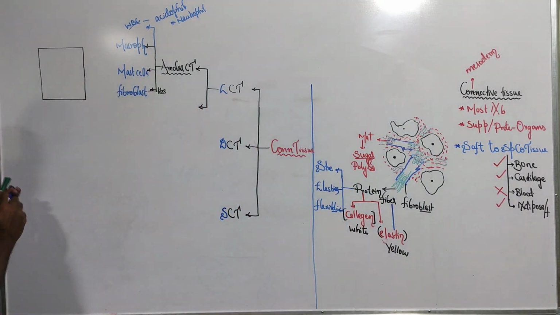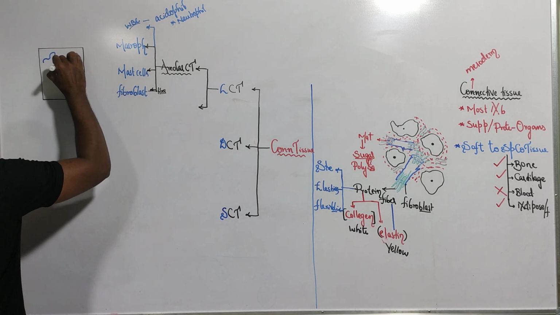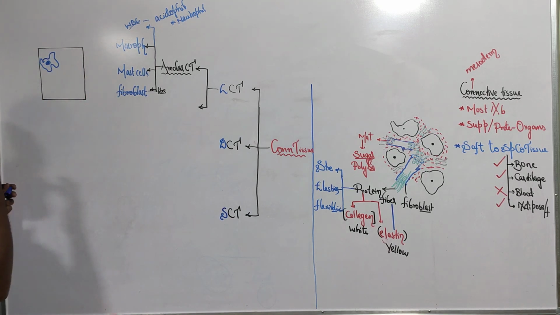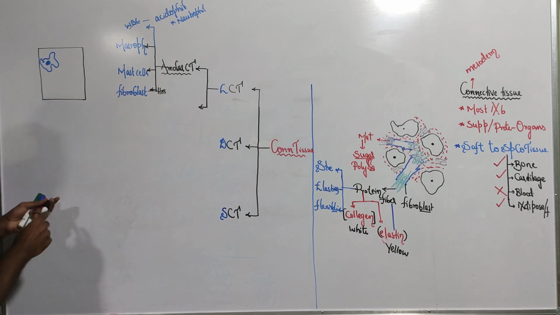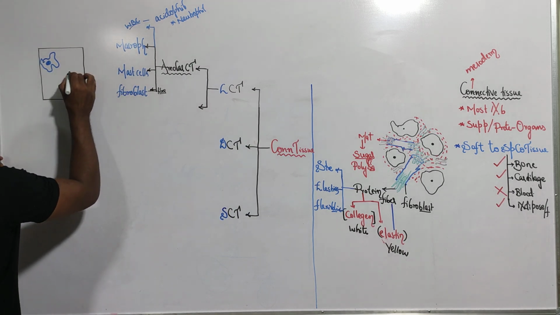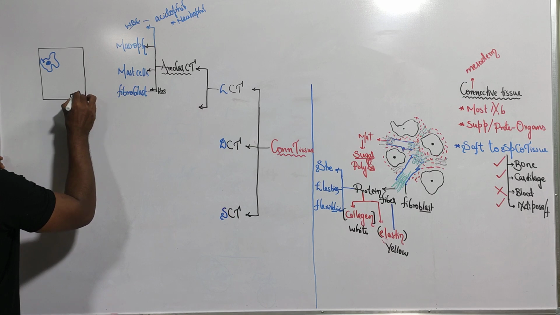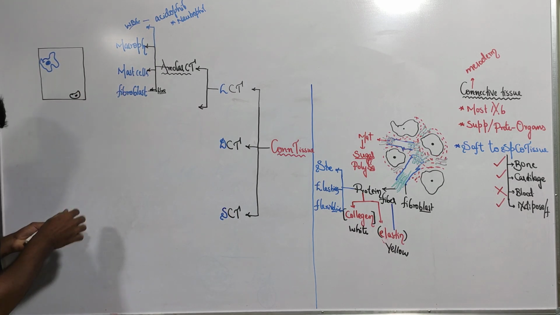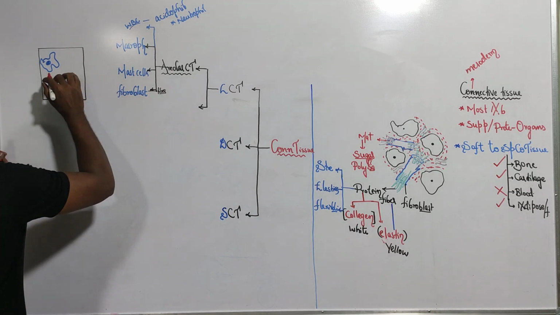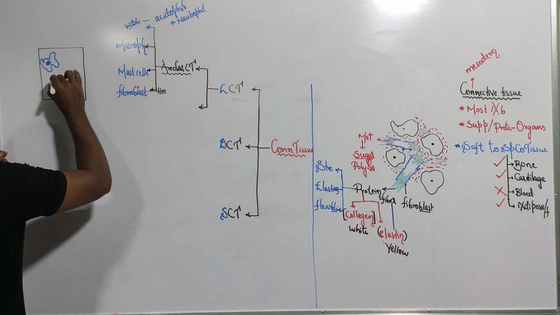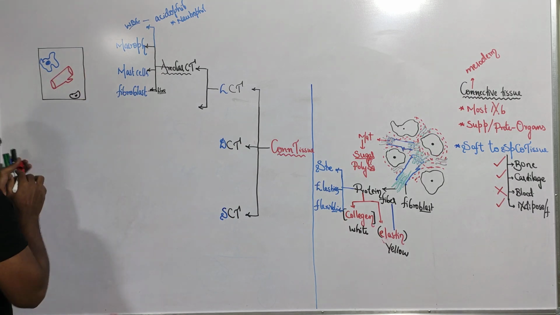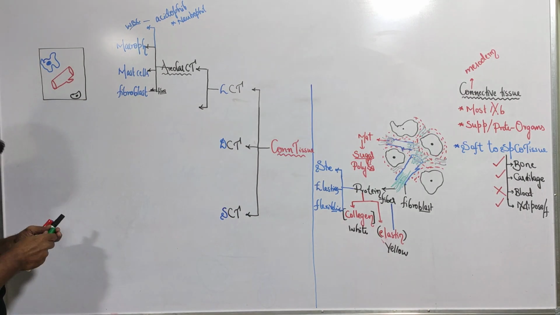Yes, it contains firstly what cells? Macrophages, a type of WBC cell which contains a nucleus, and along with the macrophage it also contains what? Mast cells. And along with the mast cell it also contains what? Fibroblast. In this manner there is a presence of fibroblast, and the fibroblasts are secreting what? Fibers.